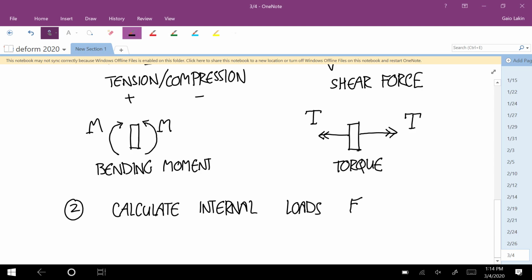So calculate the internal loads for the entire length of the beam as functions of x.